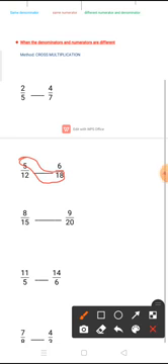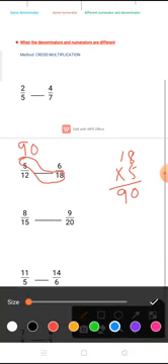If we multiply 18 and 5 we will get what? 90. So we write it on top of the first fraction, and the second fraction's numerator is to be multiplied with the first fraction's denominator, and 12 sixes are 72, we will write it on top of the second fraction.